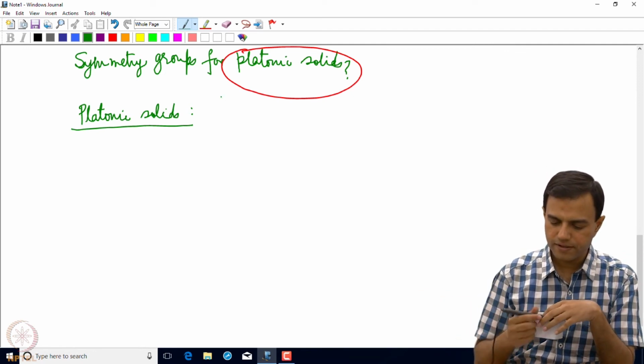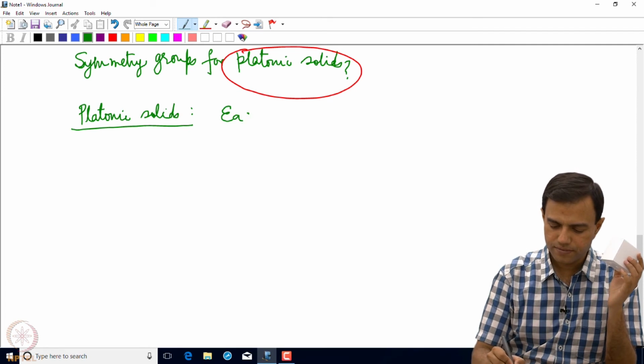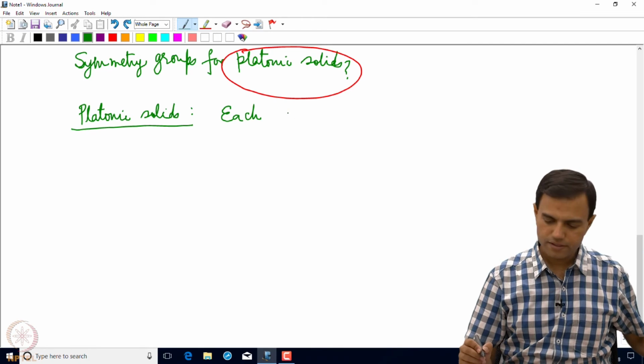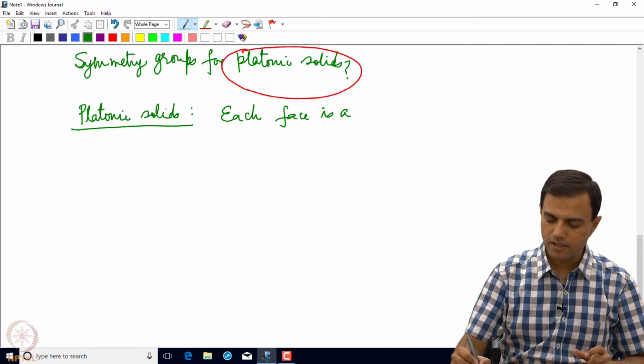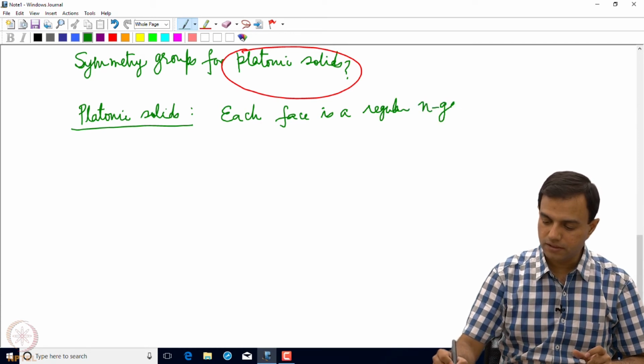I would say that each side, or rather each face, is a regular n-gon.